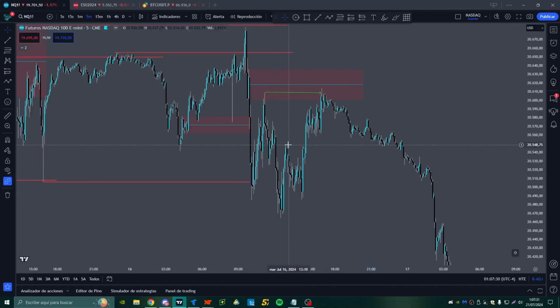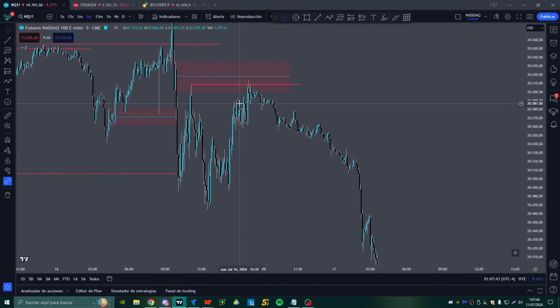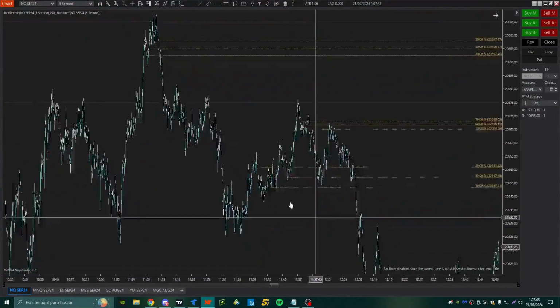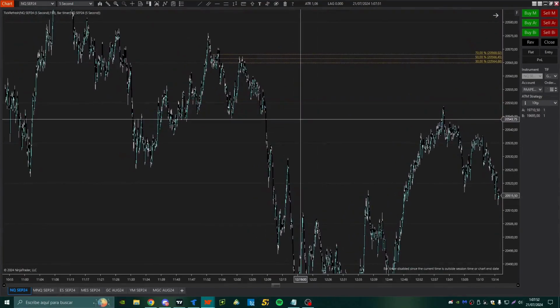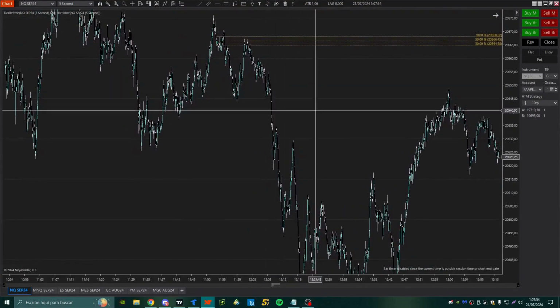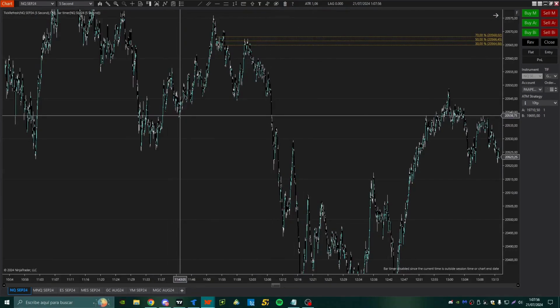So, from this area, which is the trap area, it comes and tries like this impulse, which failed. And if it failed to give that continuation, it ends up taking the high, giving a good rejection, indicating a good downward trend. And well then, look here, the one responsible stayed. Of what?